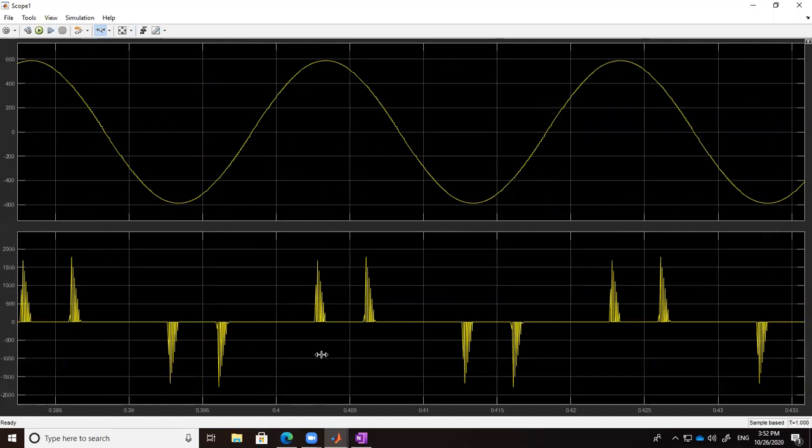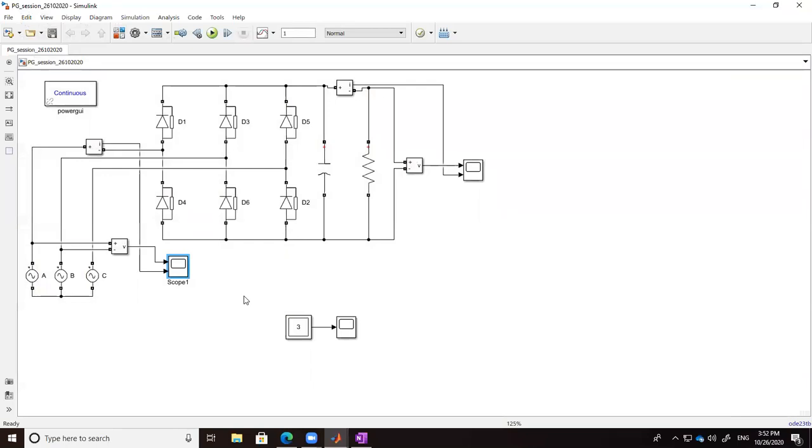My God. It doesn't seem like a proper current at all. Right? So this is what happens when you connect a three-phase bridge rectifier and you convert AC into DC.